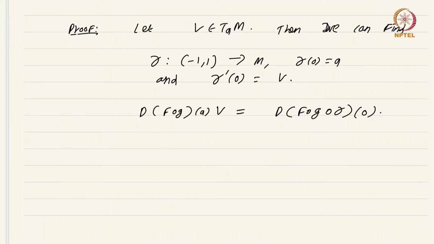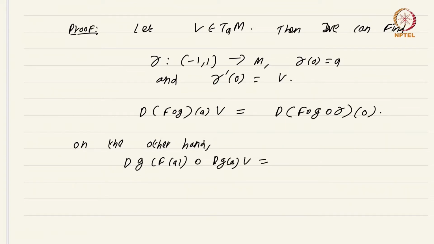Now on the other hand, again applying this exercise, we know that DF at G of A composed with DG at A applied to V. I apply this exercise, that the push forward of the velocity vector is nothing but the derivative of the composition of the curve with the function, only to G now.